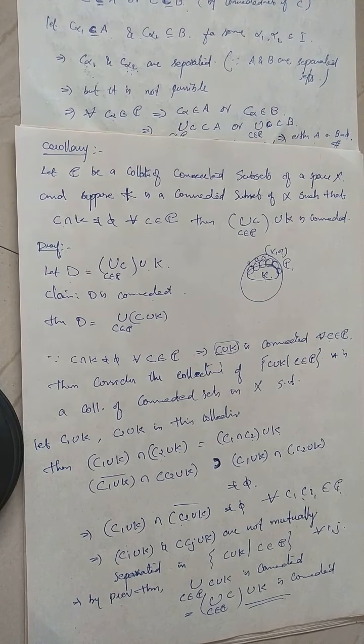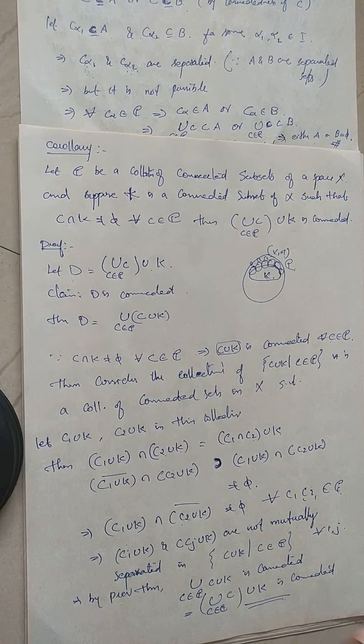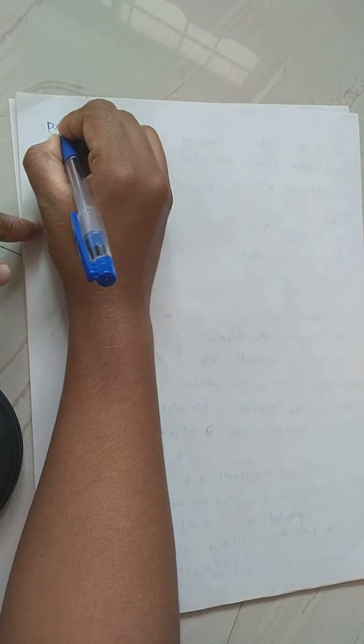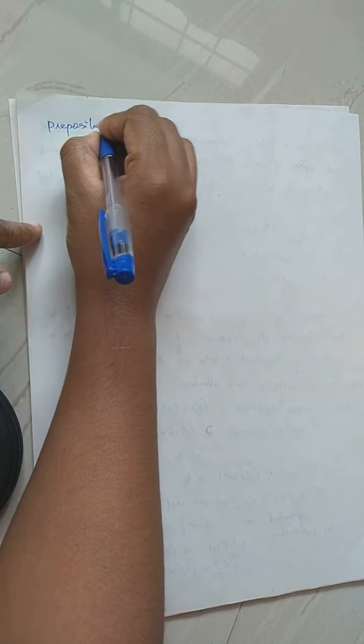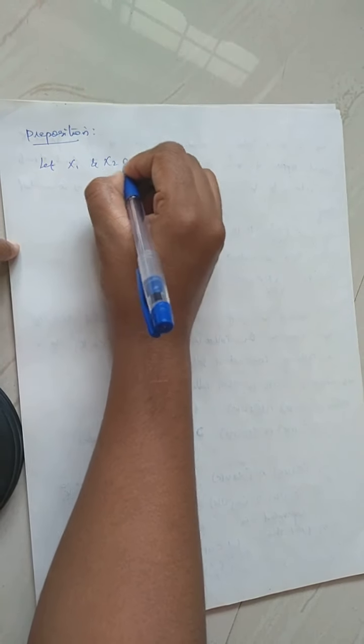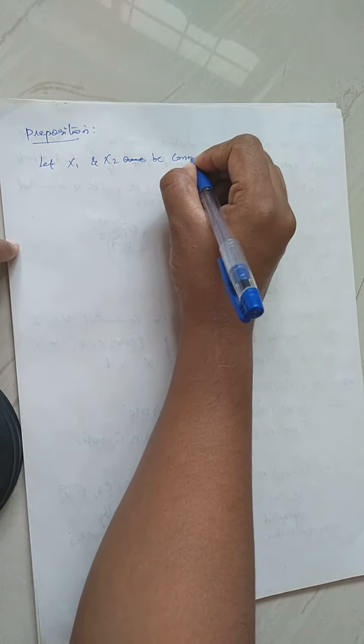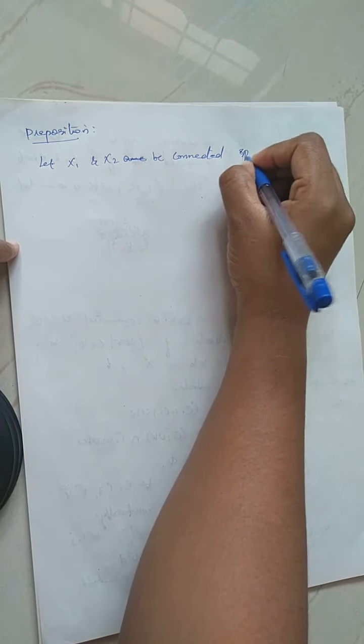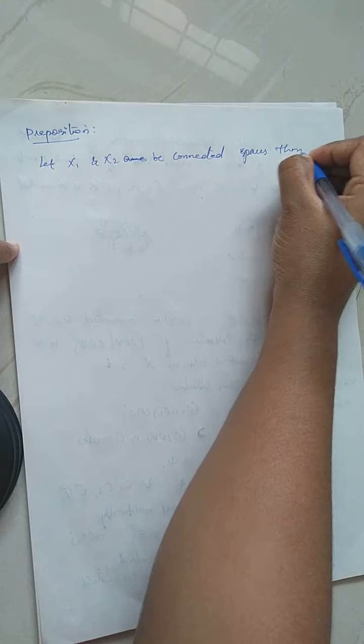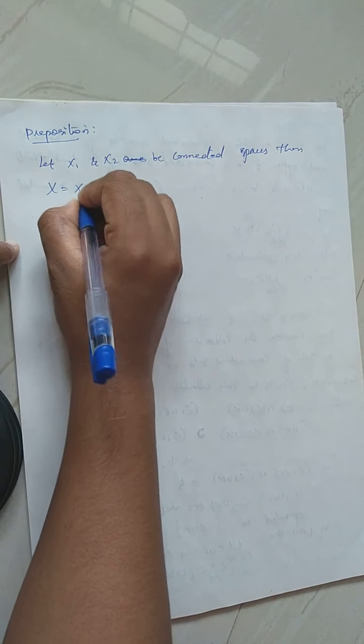So, using this corollary, I can prove one more interesting theorem, which is that the product of connected spaces is connected. So, next proposition. Let X1 and X2 be connected spaces.